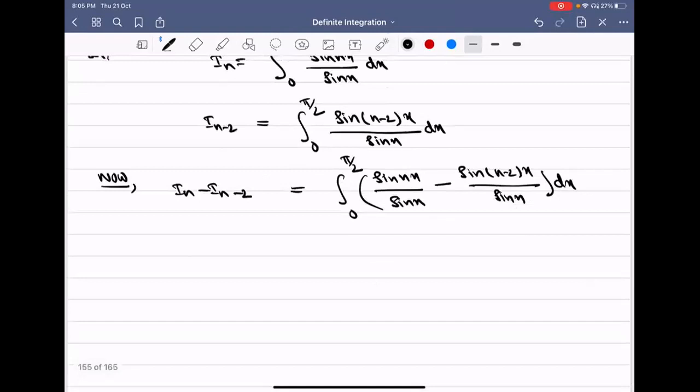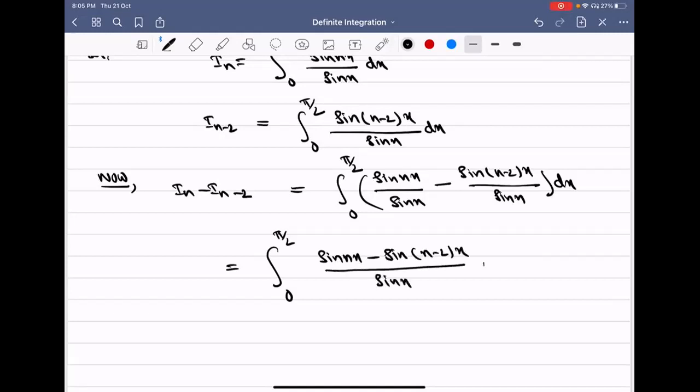Which is equal to the integration of 0 to pi by 2 of sin nx minus sin (n minus 2)x over sin x dx.